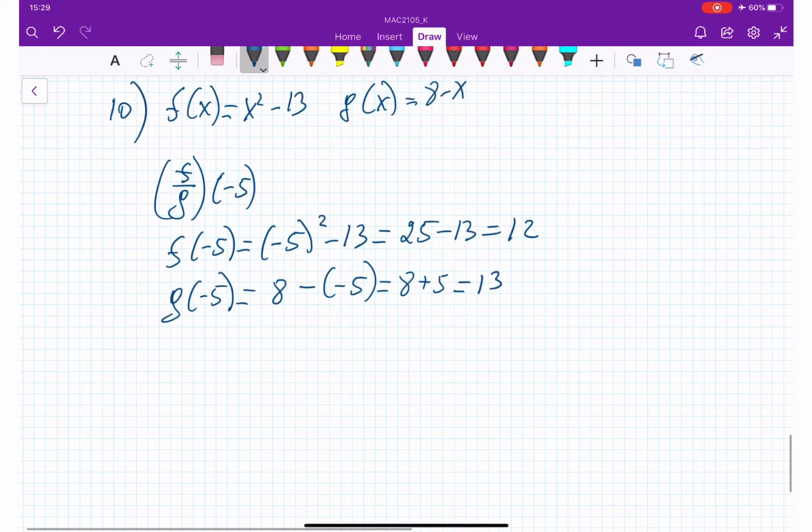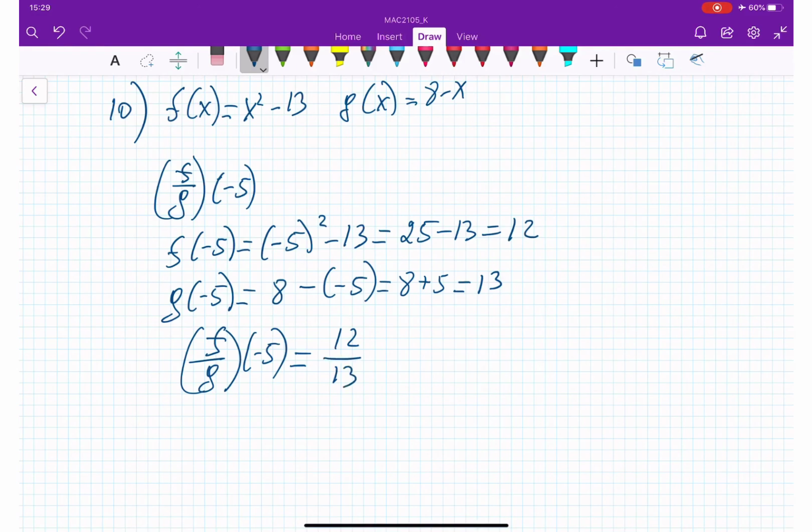Okay, so which means f over g for negative 5 is equal to f of negative 5 is 12, and g of negative 5 is 13. And here we get the answer.